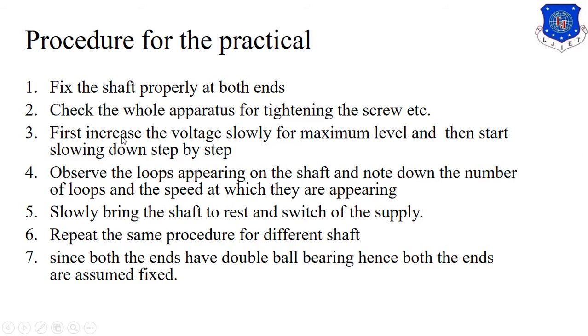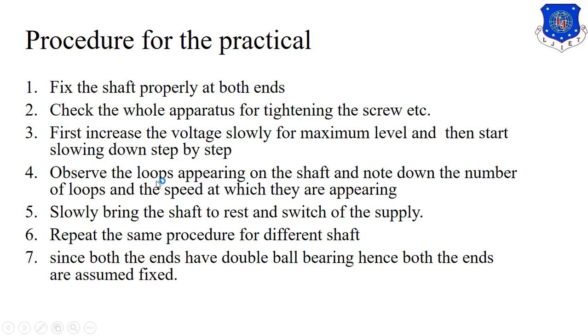Now first we need to increase the voltage slowly up to the maximum level. We have to take 120 volts for the maximum level, and then we need to slowly bring down the speed and the voltage, so that we can observe the whirling or the bending of the shaft.